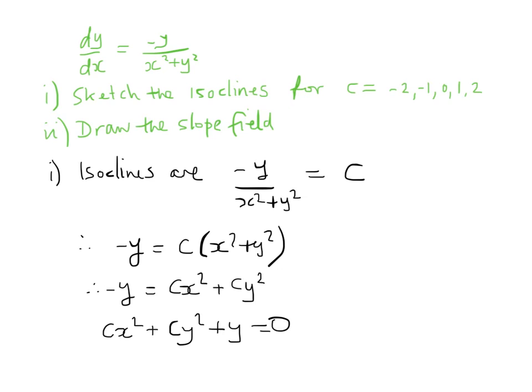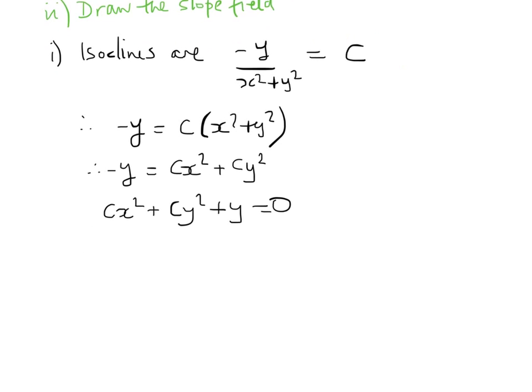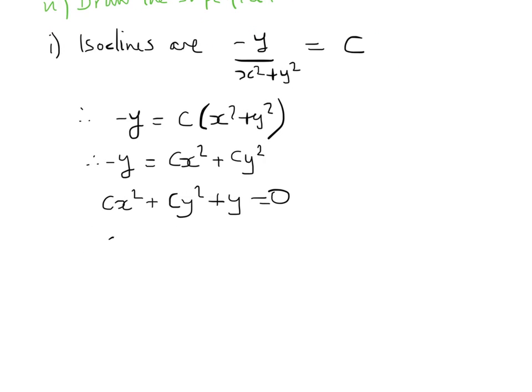Now what we're going to do is divide both sides by c, leaving x squared plus y squared plus y over c equals 0. Now, hopefully you should be able to see that this is the form of a circle, but in order to get it into a more recognizable form, if you remember back from your GCSE days, we complete the square on the x terms and complete the square on the y terms.